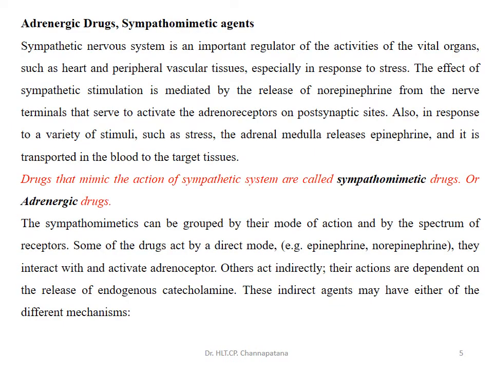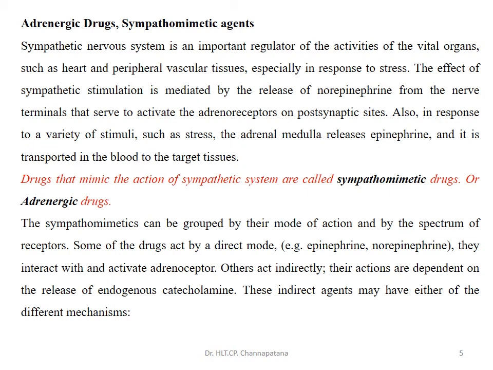In the previous slides, you have seen what adrenoreceptors are, the types of adrenoreceptors, where they are located, and if the neurotransmitter binds to that receptor, what the actions will be. Now some drugs bind to those particular receptors and show the action produced by these neurotransmitters like norepinephrine and epinephrine.